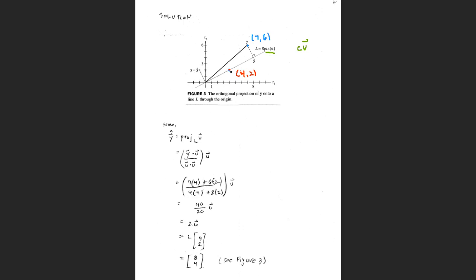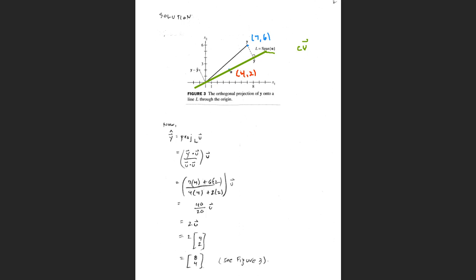Well, I'll show you here. It's going to look like this line, right? That's what the span of the vector u is. It's all multiples of that vector, which is going to generate a line in two-dimensional space.